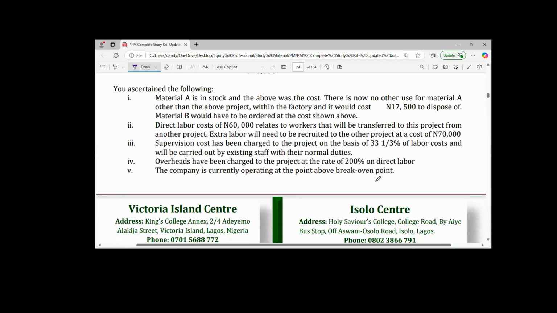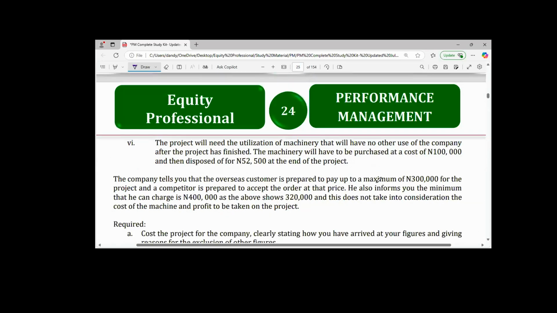The company is currently operating at a point above break-even point. 5. The project will need the utilization of machinery that will have no other use to the company after the project has finished. The machinery will have to be purchased at a cost of 100,000 naira and then disposed of for 52,500 at the end of the project.